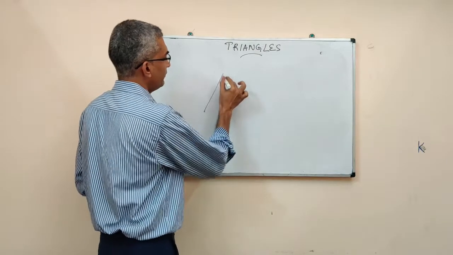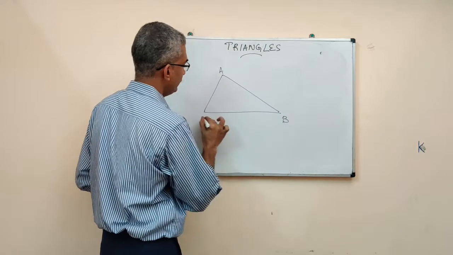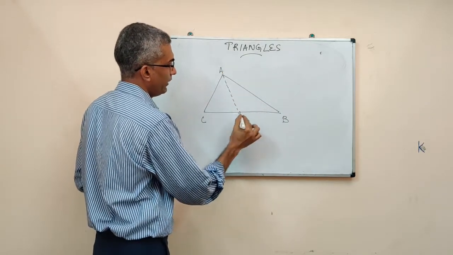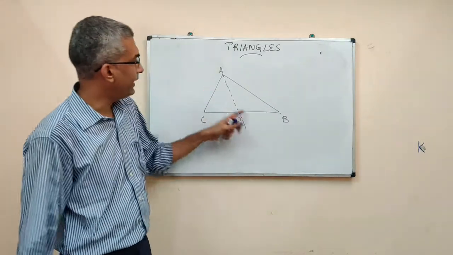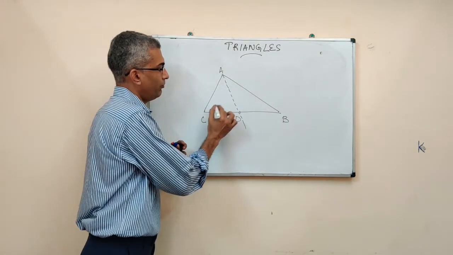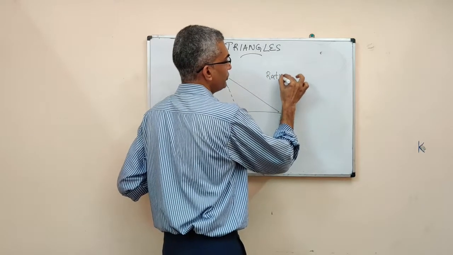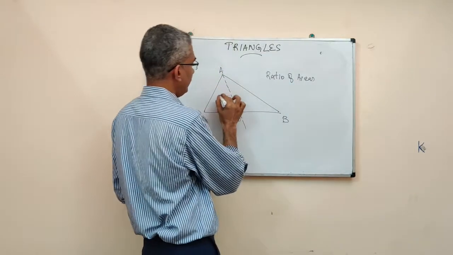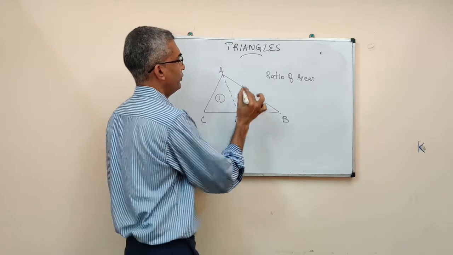There is a triangle ABC. I am drawing the median AD from point A to the other side. Can you tell me the ratio of areas of triangle, let me say area 1 and 2?